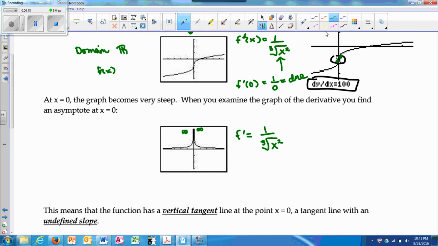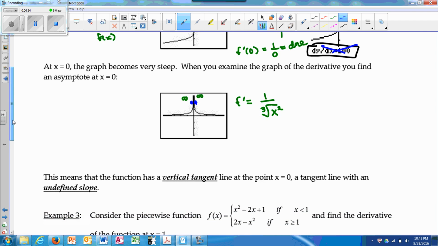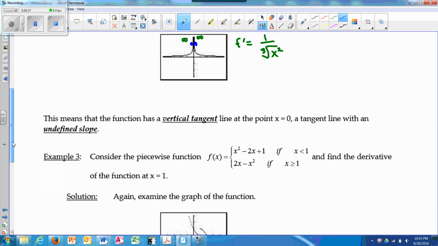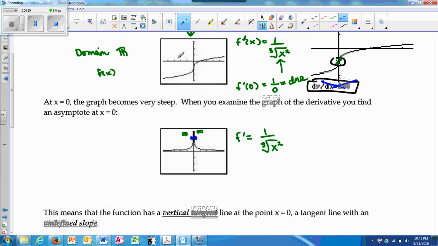So notice what your calculator did. It found the values as close as it could get to 0 and thought it would average them out and get 100. But that would actually be incorrect. So you have to be very cautious that you're not using your calculator to figure out if derivatives exist. In fact, this particular graph would have a vertical tangent line, because we do end up having a point, but it's so steep that it's a vertical line.